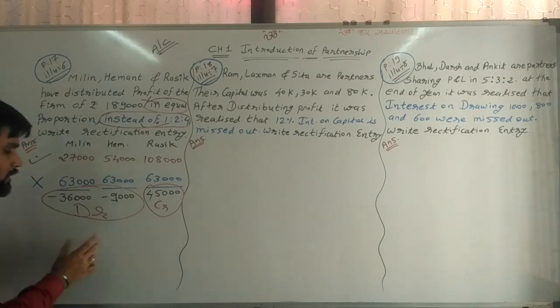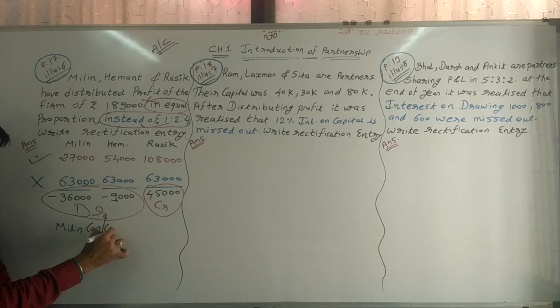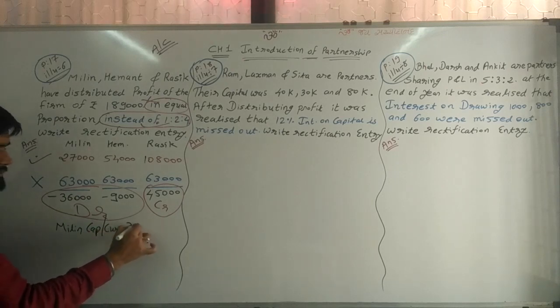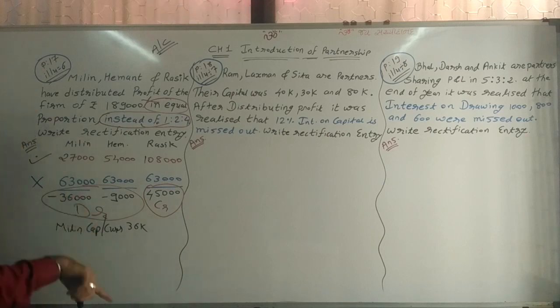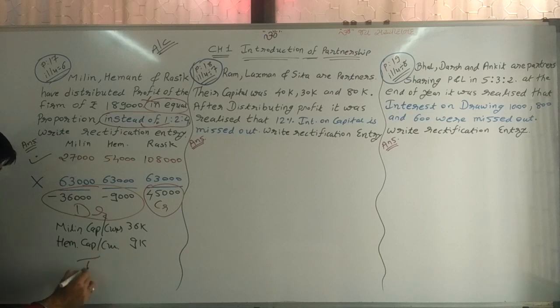Simple. So here I am writing the journal entry. Milin capital or current account debited 36,000. Second, Hemant capital or current account debited 9,000.